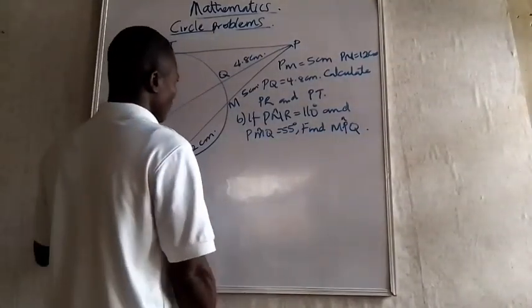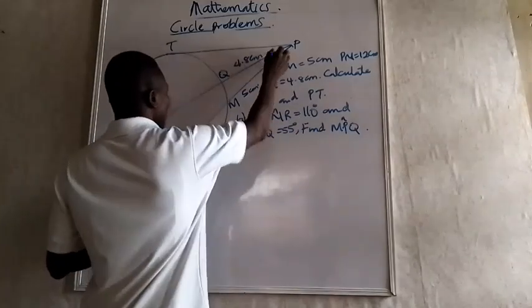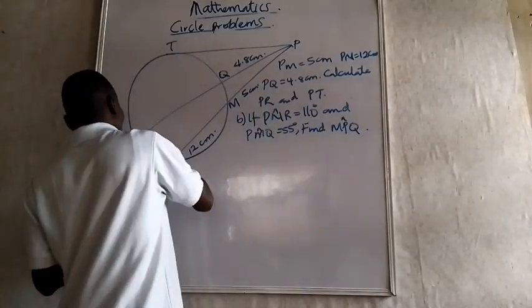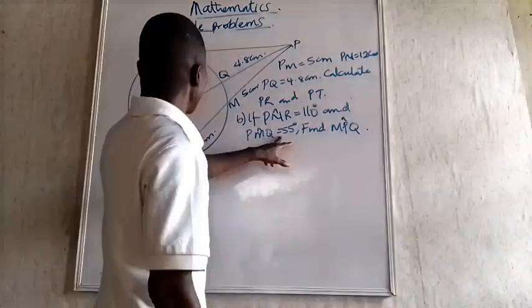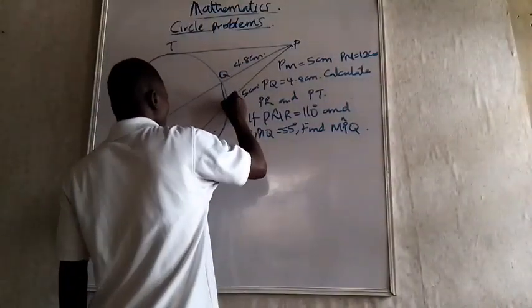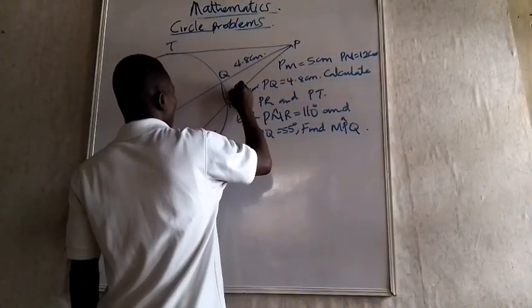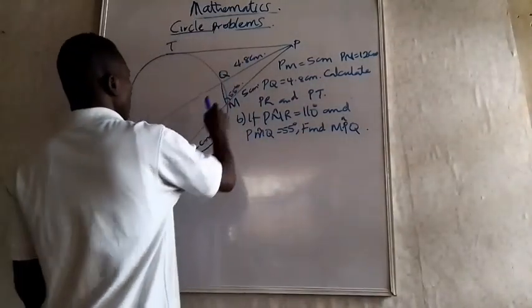Now we are asked, if PNR is equal to 110 degrees, that is this place, 110 degrees, and PNQ is 55 degrees, find MPQ.